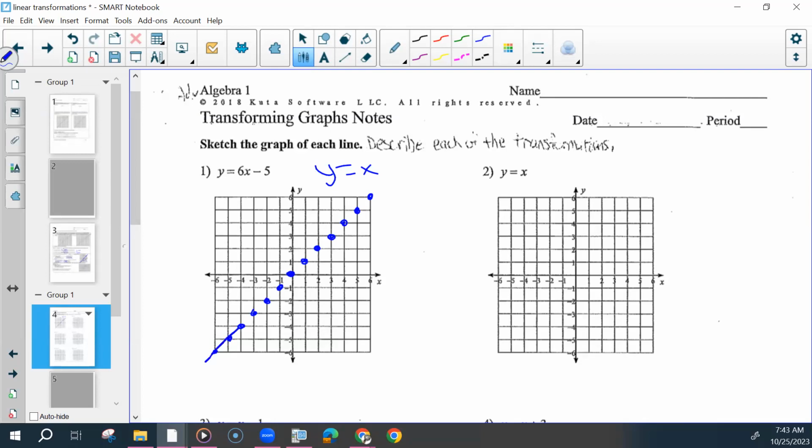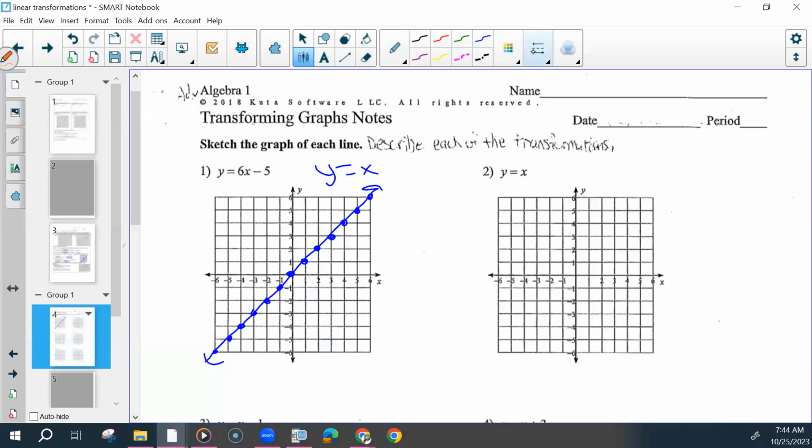This is the original. So these first couple, we're going to graph the new function and then describe, and then we're going to describe and then graph for some of them.